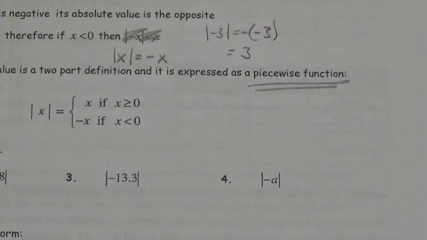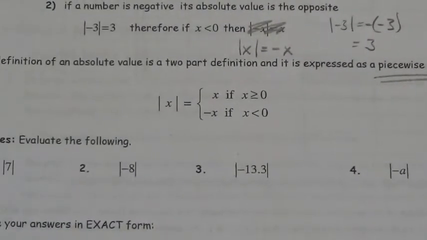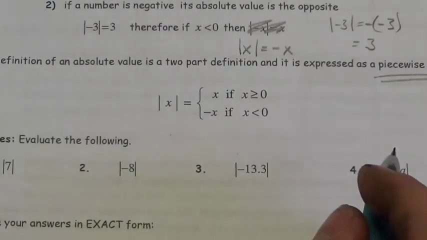Now, this is an incredibly powerful tool, and I'll be honest with you, I really didn't appreciate how powerful this idea of a piecewise function was until I went back and did some more education and took some courses in what we call analysis. It's just such a powerful tool for helping us understand different relations, different functions.